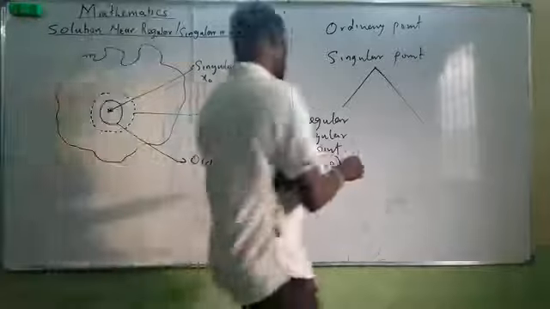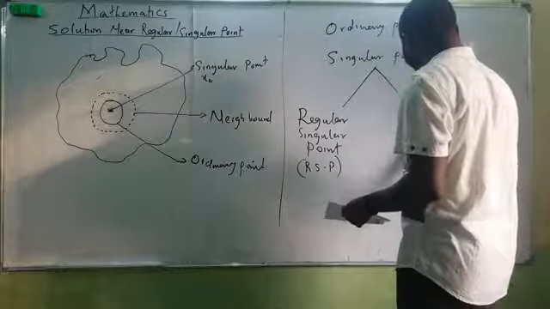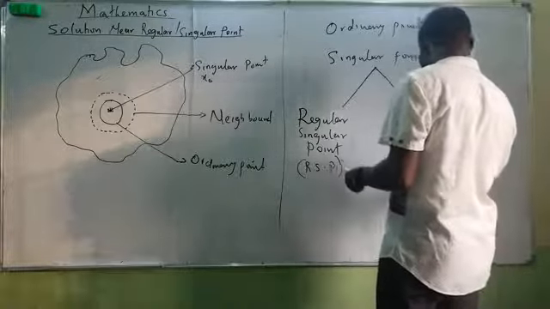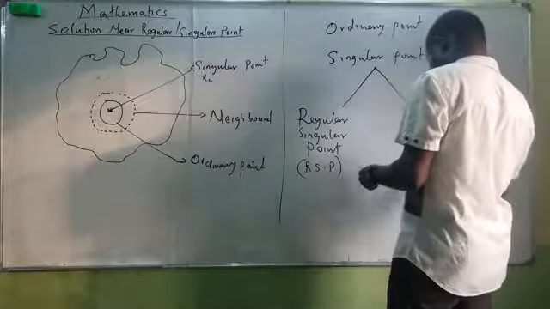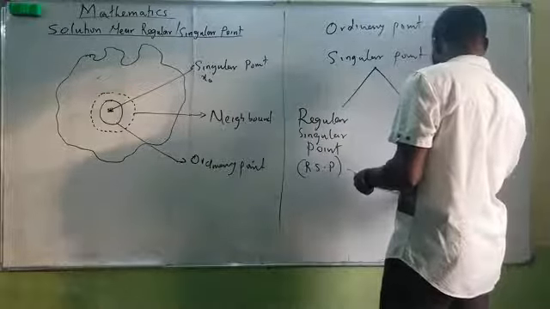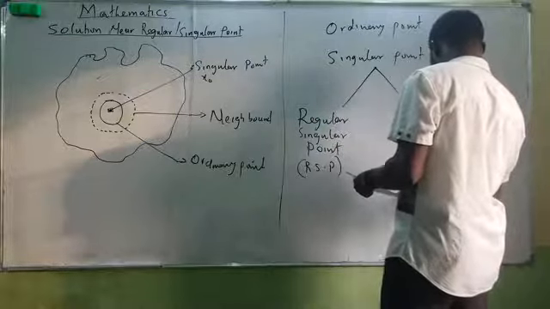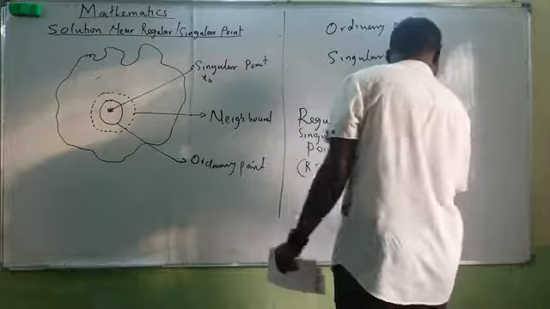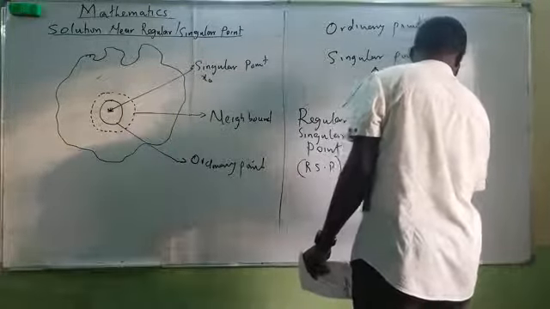And also, I can say that there is an irregular singular point also. Now we put ISP.